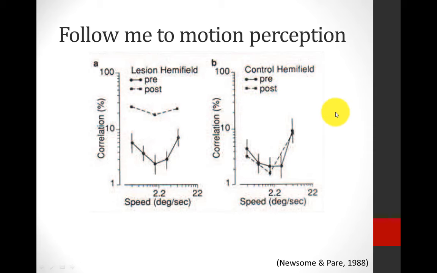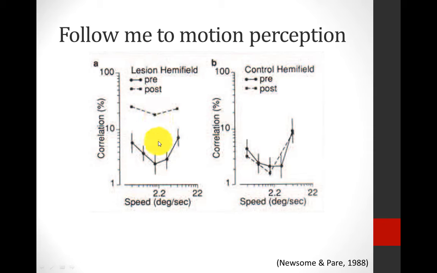What you can see from these plots is that direction discrimination thresholds in the lesion hemifield were much higher, meaning that the correlation of dots needed to be much higher in order for the direction of motion to be detected. If you look over in the other hemifield, the one that was unaffected, it did not show such a threshold increase.